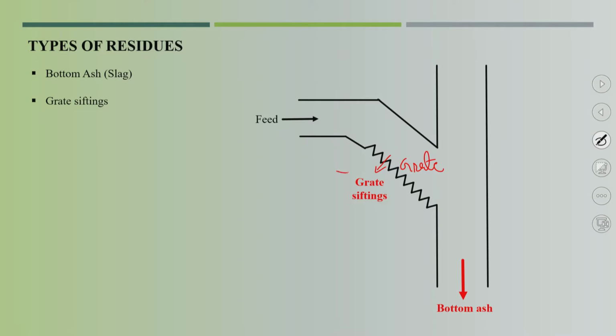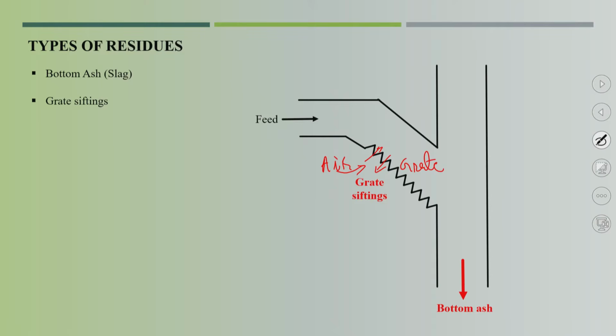You need to provide air from the bottom of the grate for the complete combustion of the waste. Through these openings the very fine particles come out, which is called grate sifting.